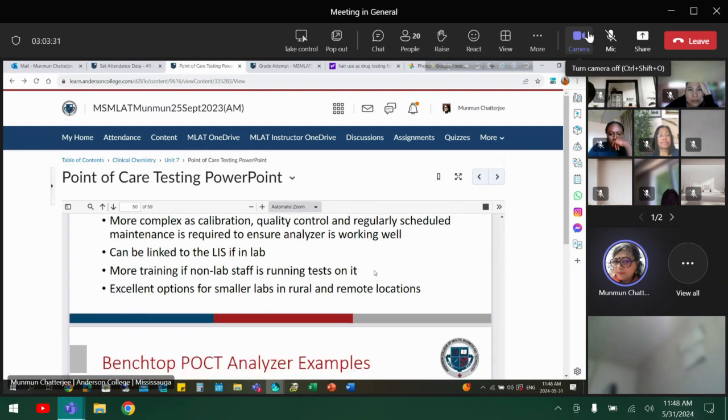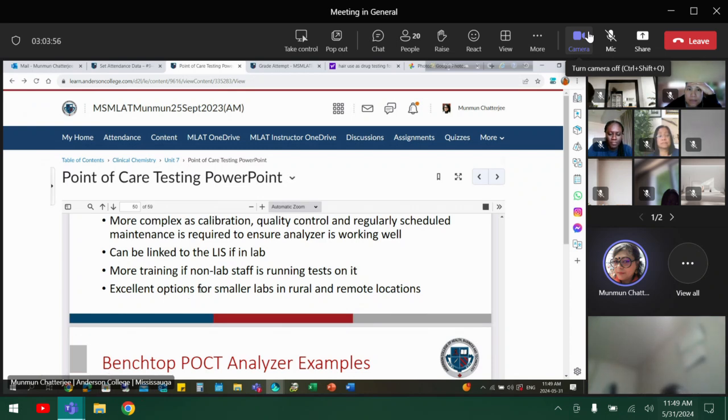You have to regularly do the maintenance, with quality control, quality assurance, quality management, to make sure that the analyzer is working properly. It can be linked to the LIS if it has the option.